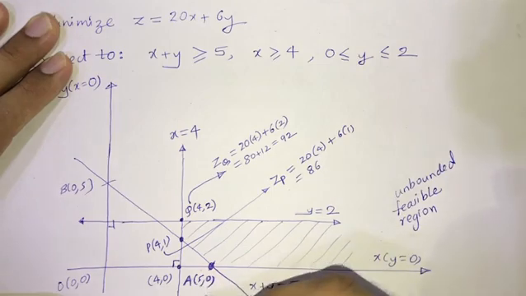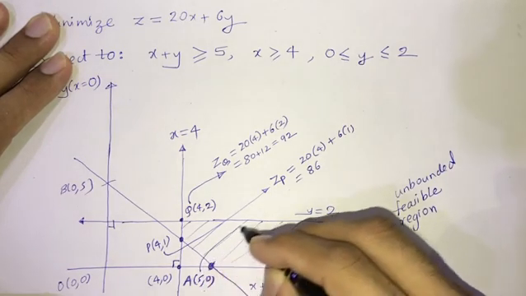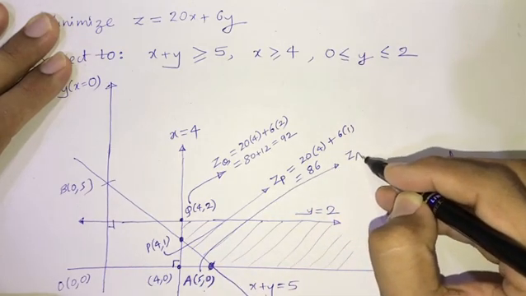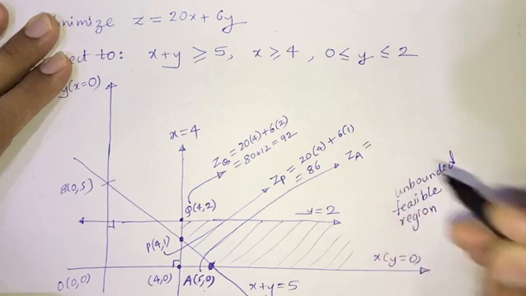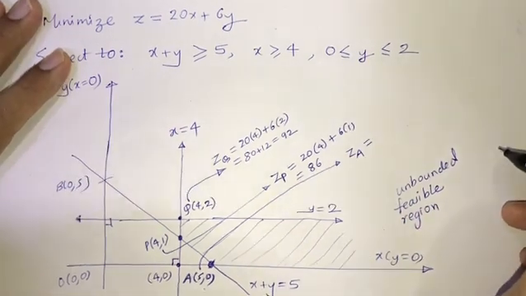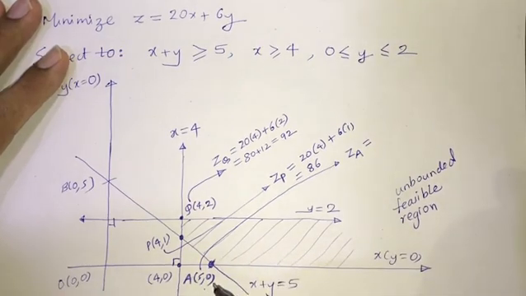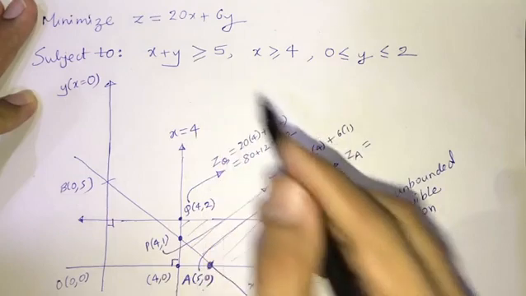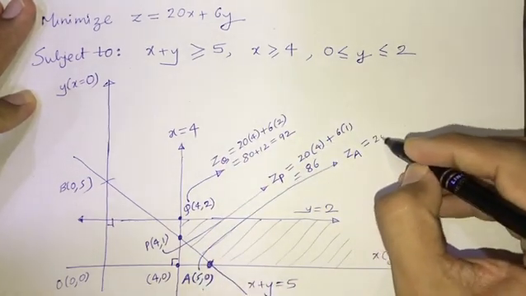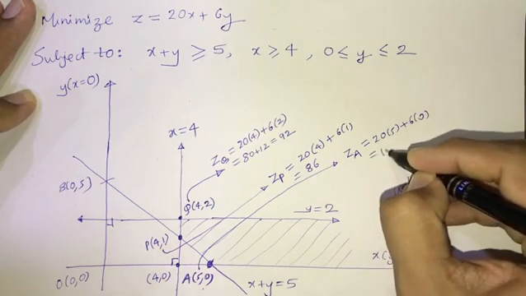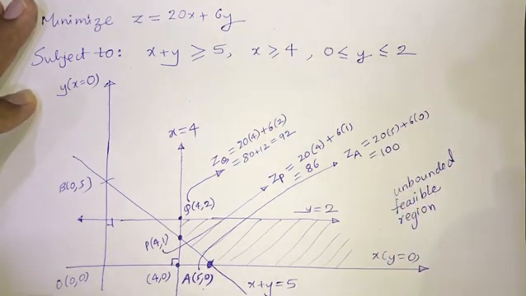If I'm taking A, it is 5 comma 0 for A. If I'm putting that in the objective function, it is 20 into 5 plus 6 into 0. It is 100 rupees.